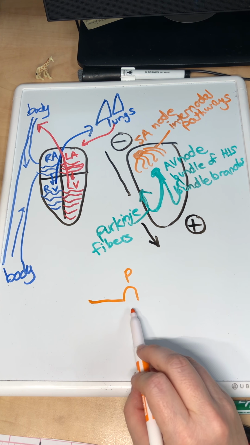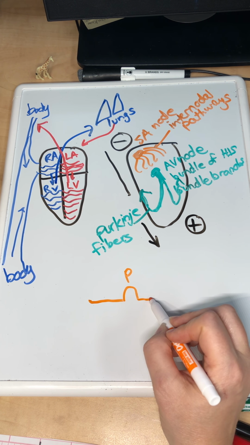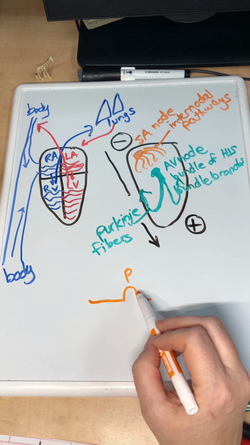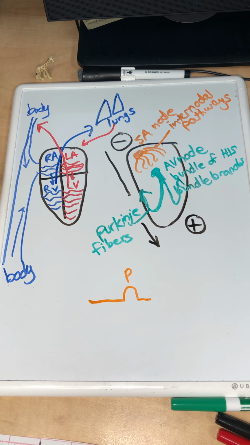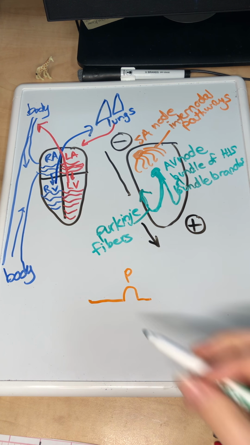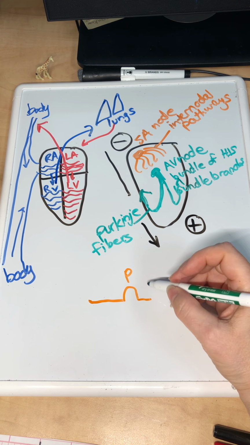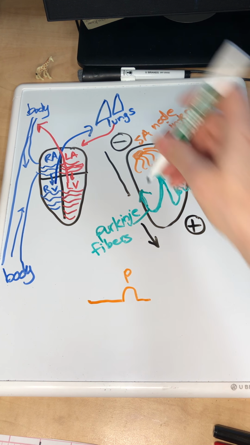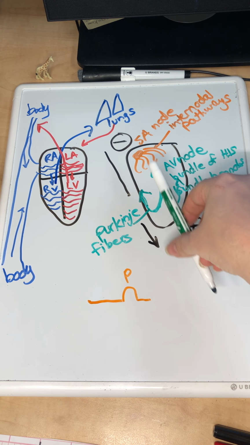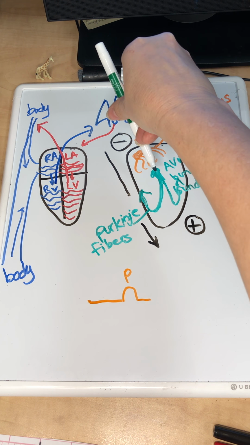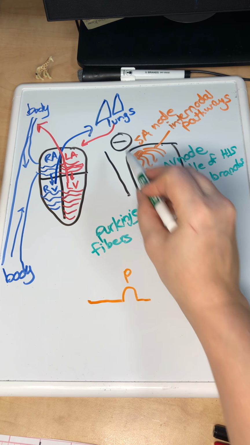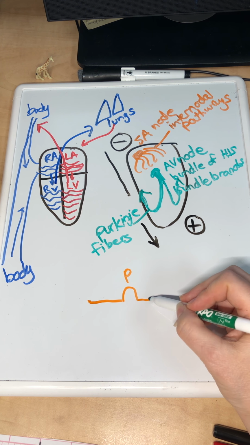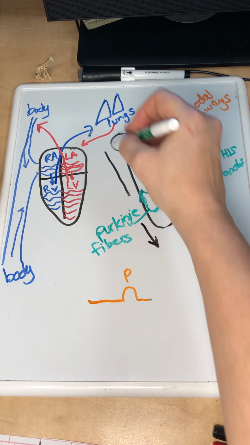So the P wave essentially represents the electricity traveling through the atria. Does that make sense? Okay, so now the AV node fires, and it's going to continue to travel in this direction, right? It's traveling from the AV node down through the bundle of His, down through the bundle branches from negative to positive, and so it's heading in a positive direction.